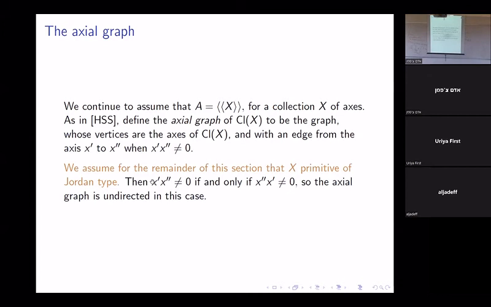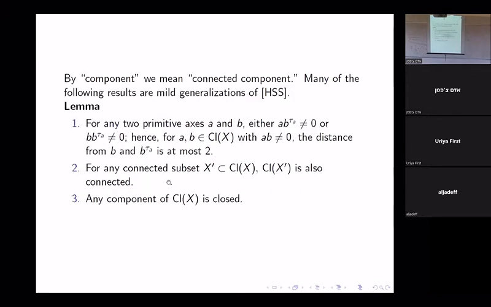If you have X double prime equals 1, and X prime equals 0, you have something different: the graph is directed and not undirected. And so we can talk about the components.